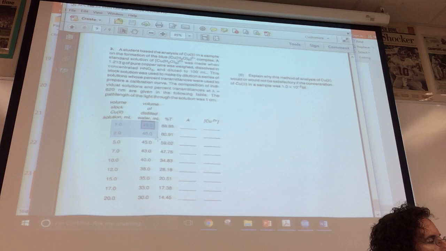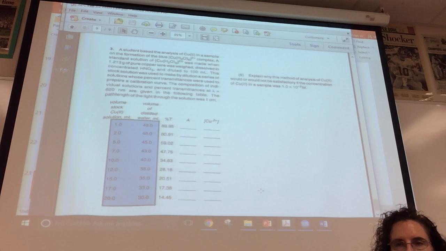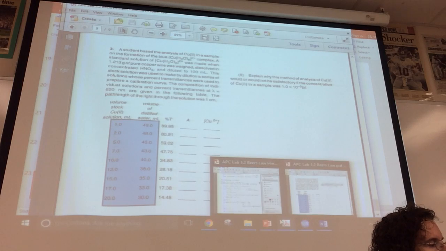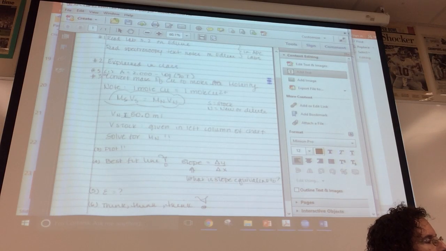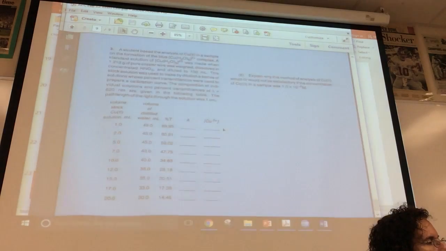So what will be the total volume in each of these cases? 50.0 mL, okay? This is on your cheat sheet, the new volume's 50, but now hopefully you understand better where it came from. You'll have the molarity of the stock, you know how much stock you used, you know the volume of the new or dilute, and you will be calculating the molarity of the new or dilute solution each time. And that's what you are going to plug in here.